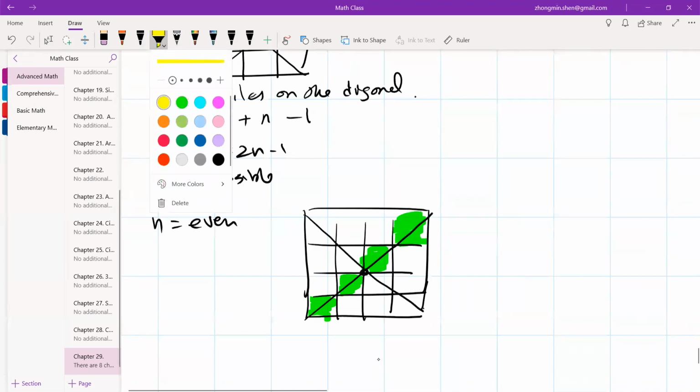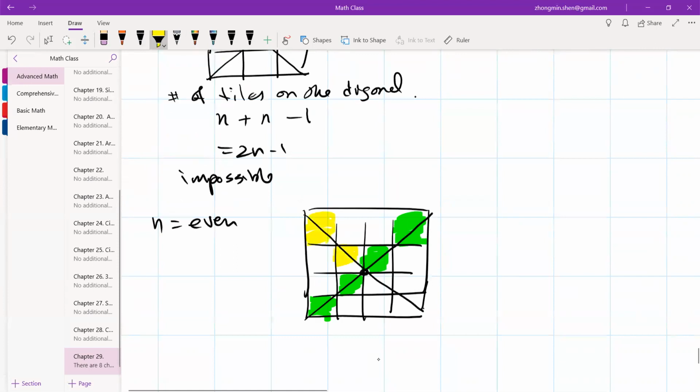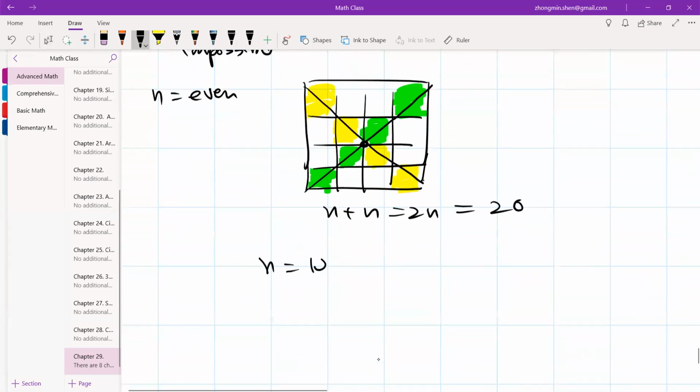But they don't overlap. So you don't need to subtract 1. It's 2n. So the two diagonals intersect 2n tiles, and 2n is going to be 20, right? So n must be equal to 10.